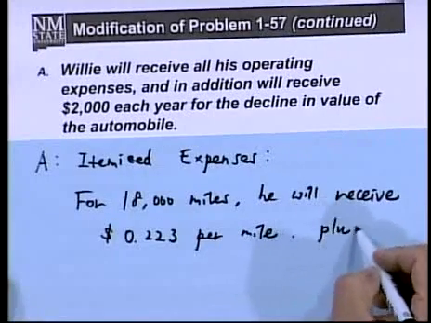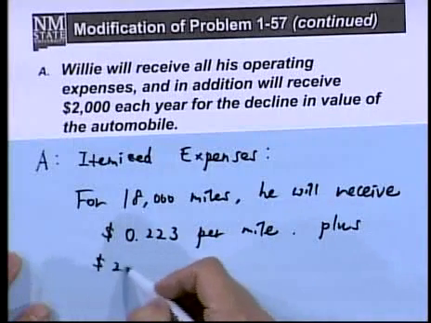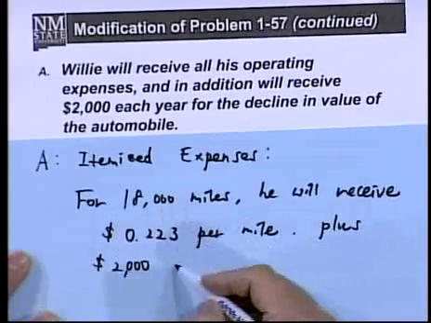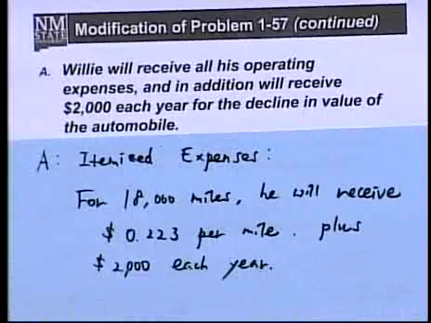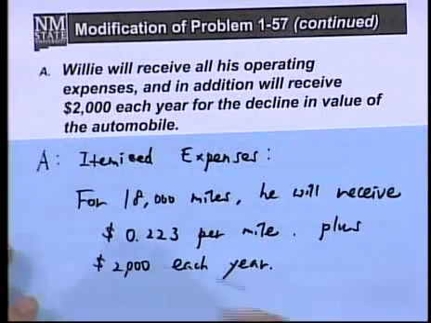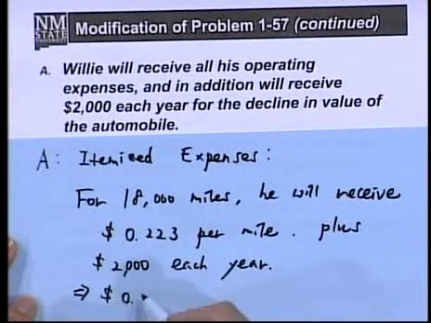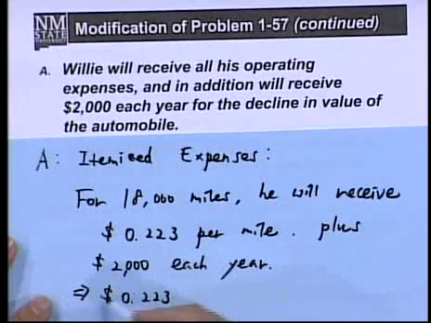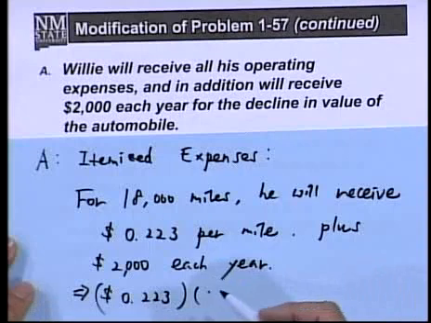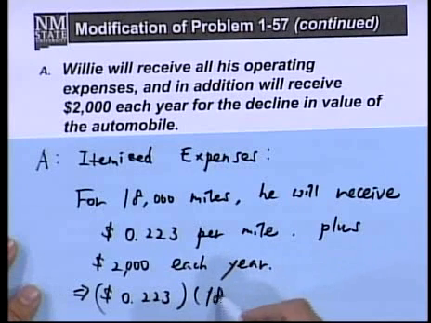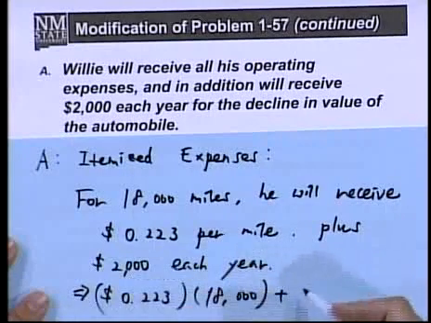And plus, he will receive $2,000 each year. Therefore, it's going to be 0.223 times 18,000 miles plus $2,000.